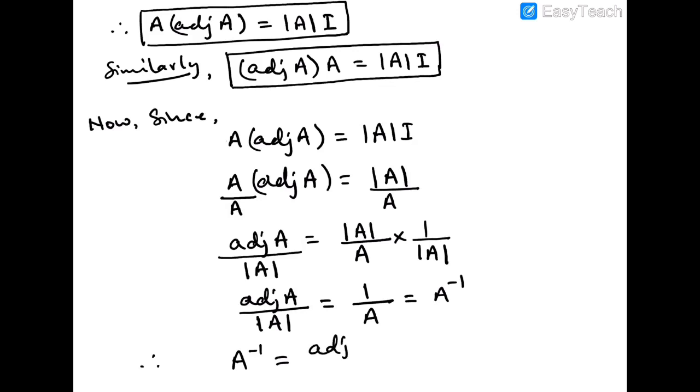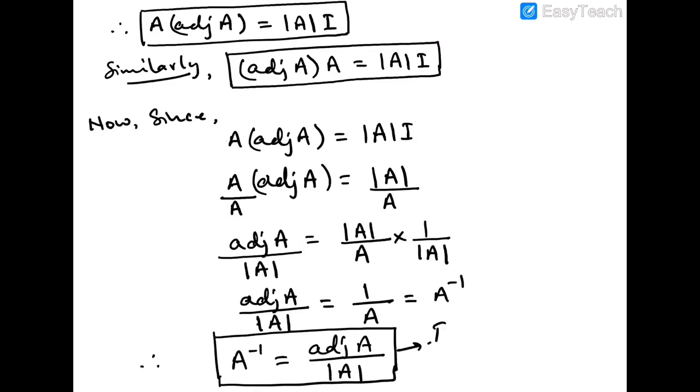Therefore A inverse is equal to adjoint of A divided by determinant of A, and this is the inverse of a matrix.